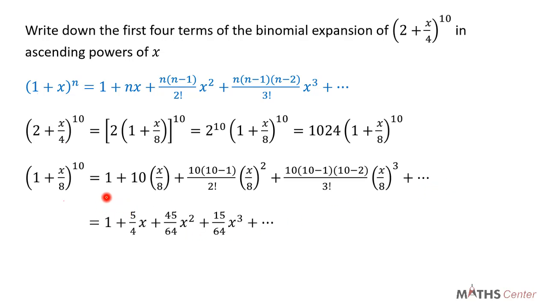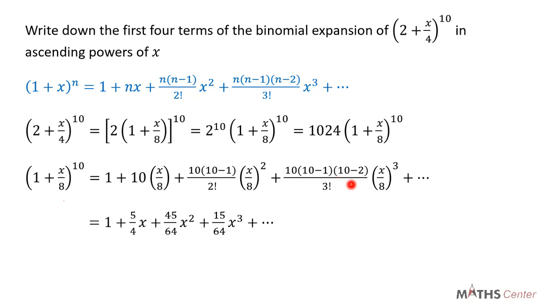When you simplify this, you're going to have 1 plus 10 times x/8 gives us 5/4 x. Then 10 times (10 - 1), which is 9, divided by 2! times x^2/8^2 will give us 45/64 x^2.